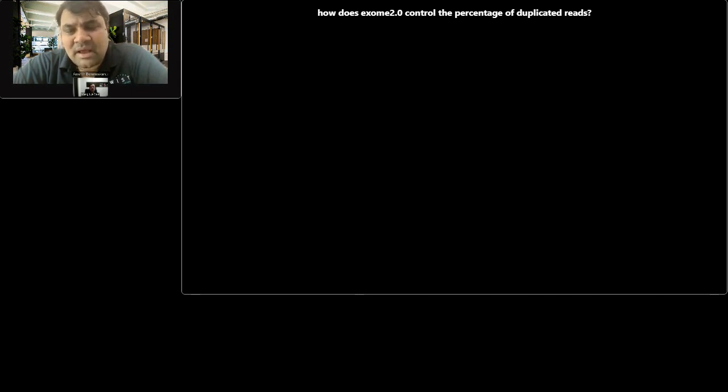As I mentioned, the processes that are in place, for example, how well we do the workflow for library preparation, and then how well we are able to capture the hybridized targets. Essentially, we try to saturate the capture so that the entire complexity in the library made using the Twist library prep is effectively captured by the Twist probes.